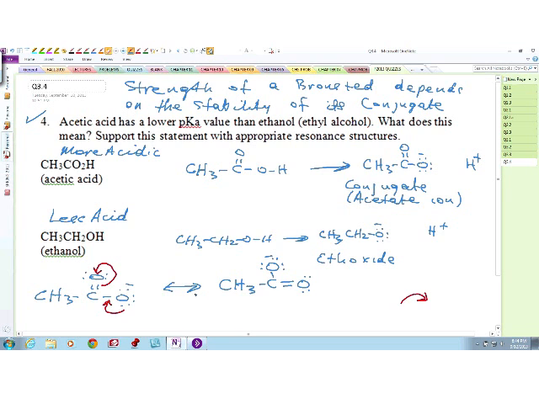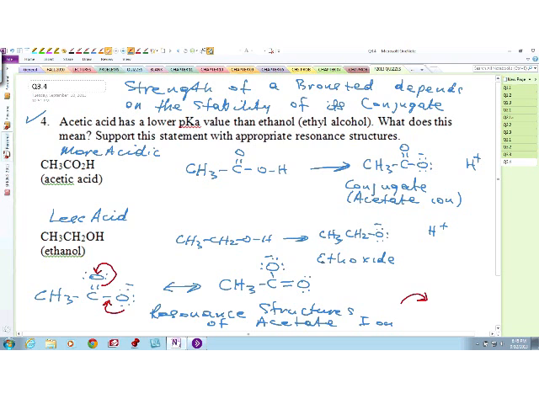And these two here are resonance forms, or resonance structures, of the acetate ion. So therefore the answer is acetic acid is more acidic than ethanol because the conjugate base of acetic acid is stabilized by resonance.